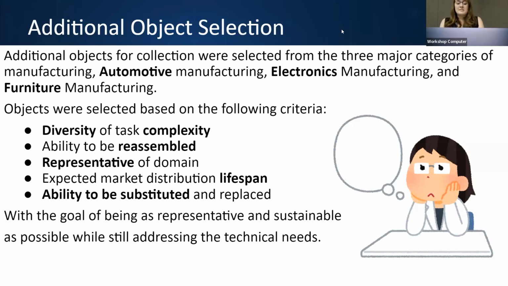And the objects that we selected were selected based off of the following criteria, which is the diversity of the task complexity. So all of these assemblies are of varying levels of complexity. Some are much easier than the others, and some are very difficult. The ability to be reused and reassembled, so you can disassemble and reassemble these without it being destructive.